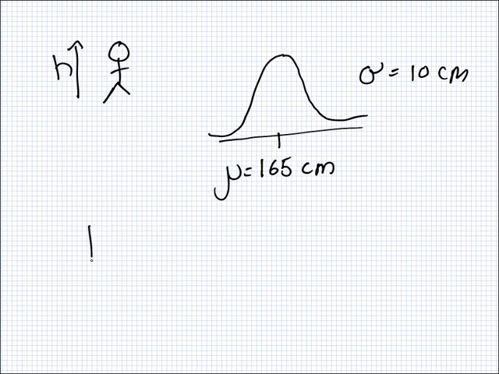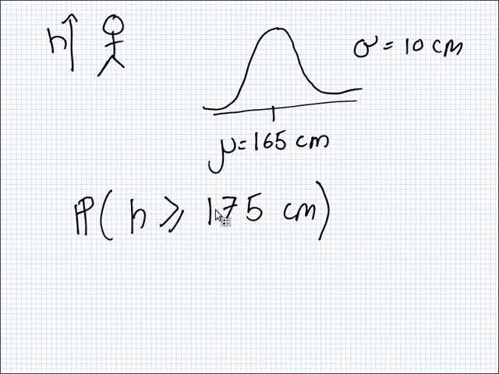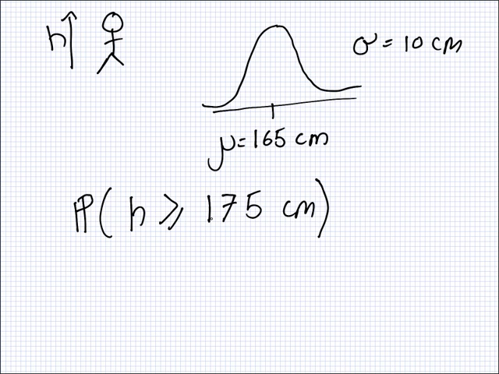My question is, what is the probability that you pick a student and their height is more than or equal to, let's say, 175 centimeters? So how likely is their height more than this? More than 175.